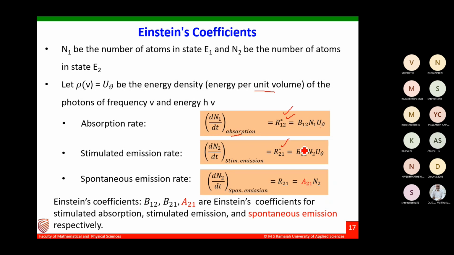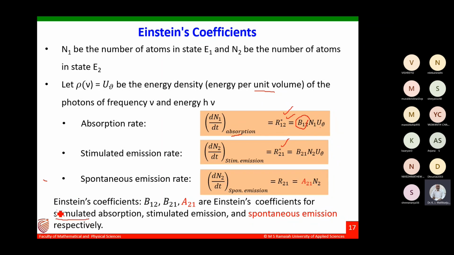Now B12, B21, and A21 are all called Einstein coefficients. Here in this slide, please pay attention. It is called stimulated absorption.